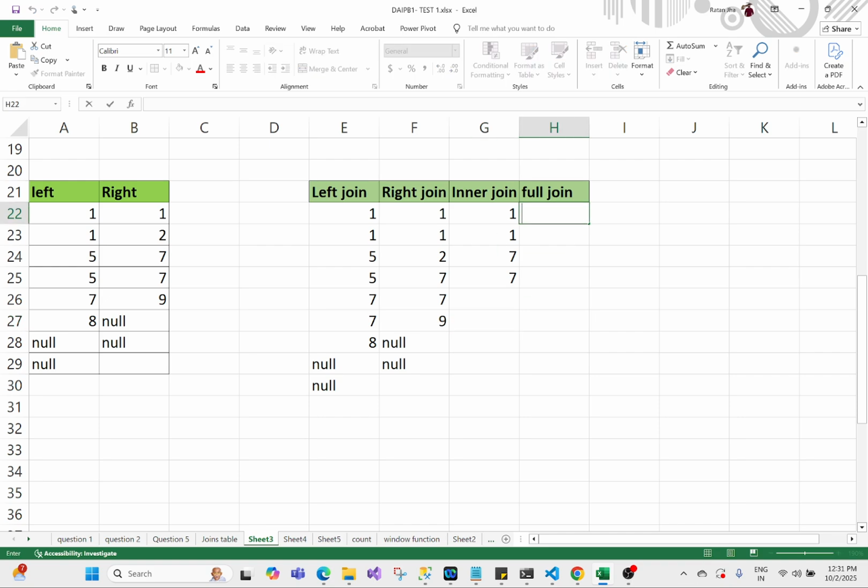But about full join, all the records from both the tables, like matching records from both the tables and even the non-matching records from the left table and the right table. So one is matching, then five and five, this five. Then what about seven? Seven is here and seven is here as well in the right table. So seven comes two times, seven and seven. What about eight? Eight is in the left table but not in the right table.